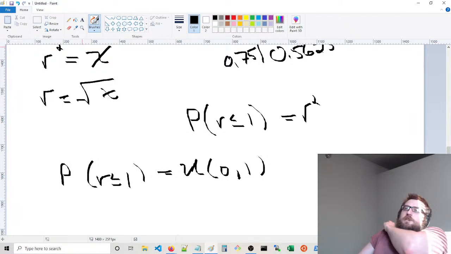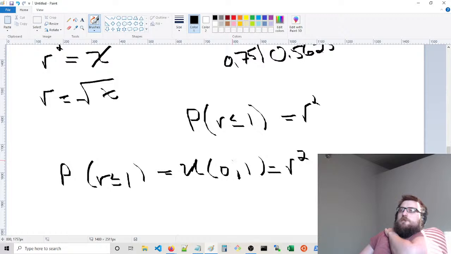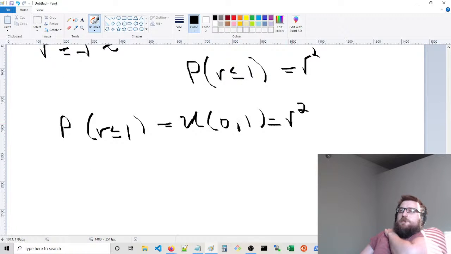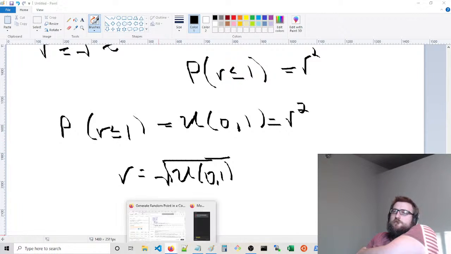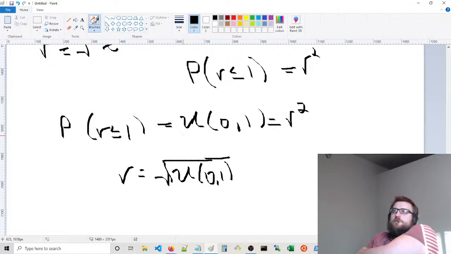Which is to say that R squared is uniformly distributed, which is to say that R is the square root of the uniform distribution. R is a random variable. I want to say something like that. That's kind of what we're going for.